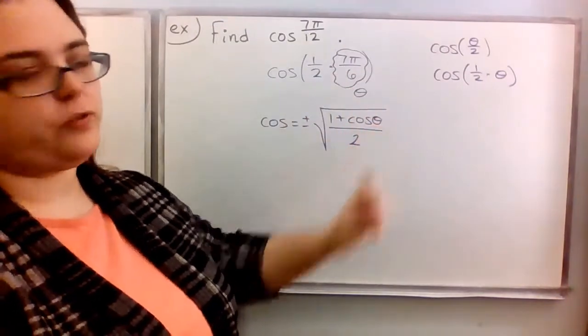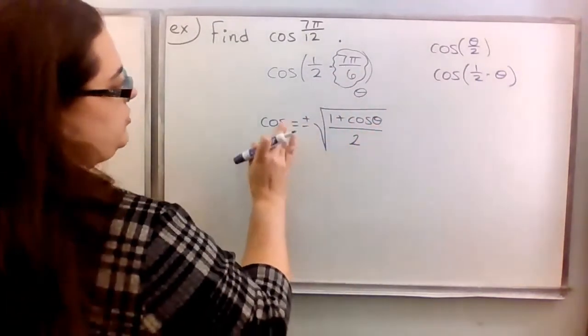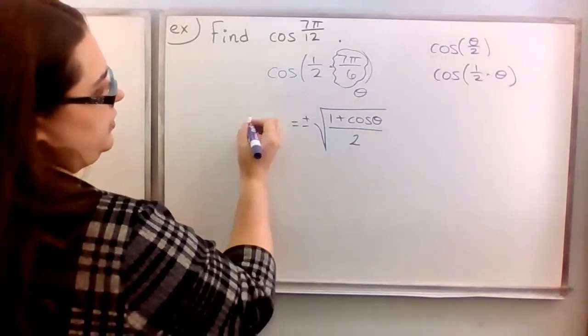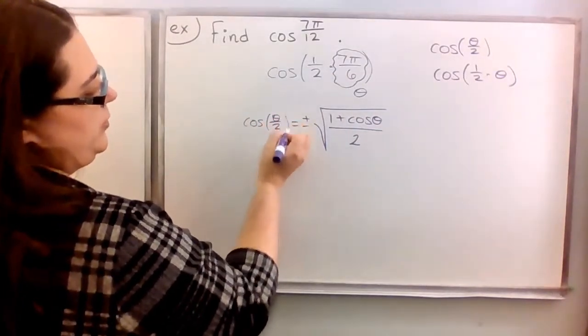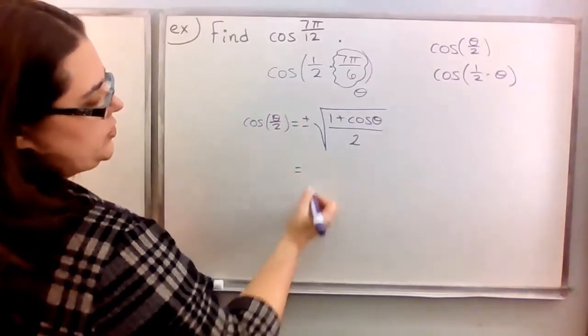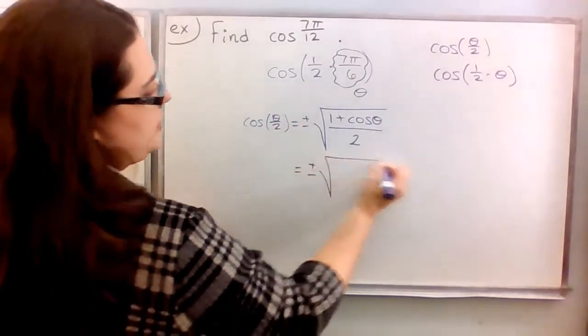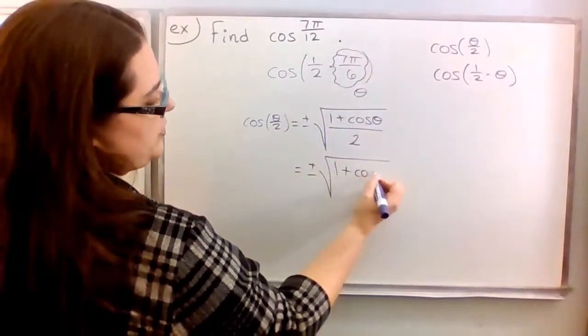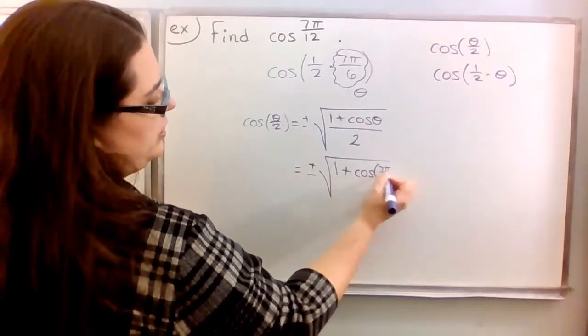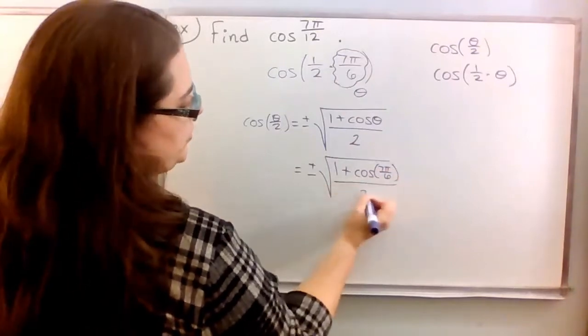That's what I'm putting in for theta. Oh, this should be cosine. Got my argument here. So this is going to be cosine of theta over 2. Sorry about that. So we're going to get plus or minus the square root of 1 plus cosine of 7 pi over 6 over 2.